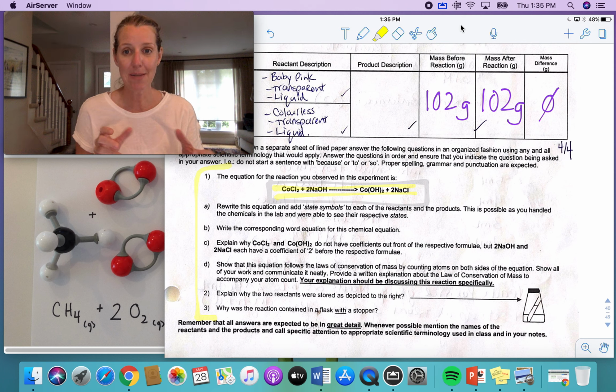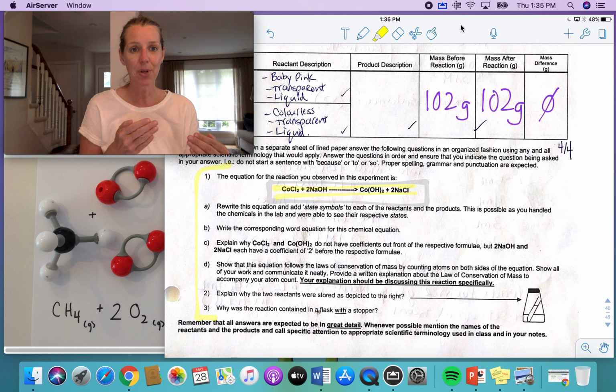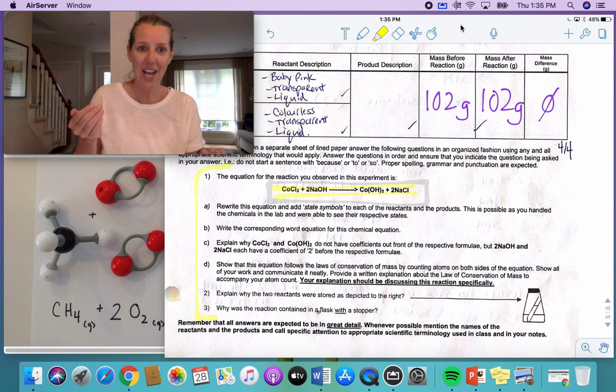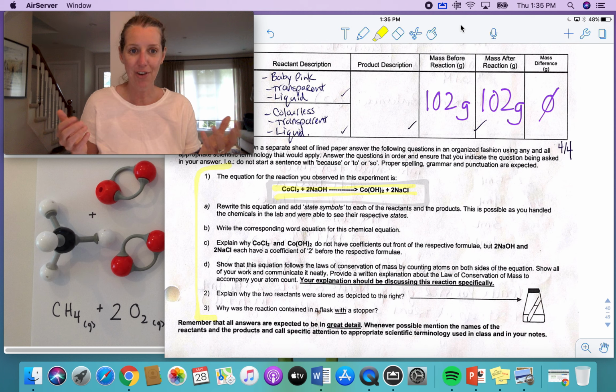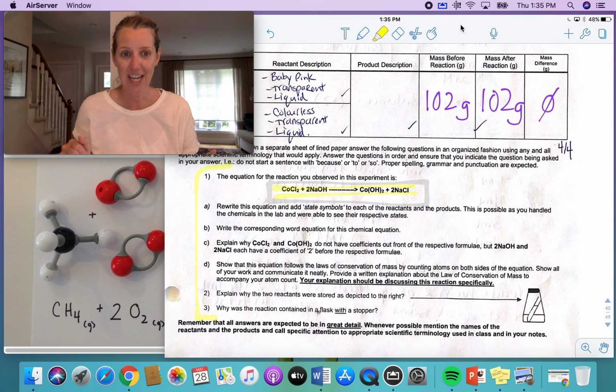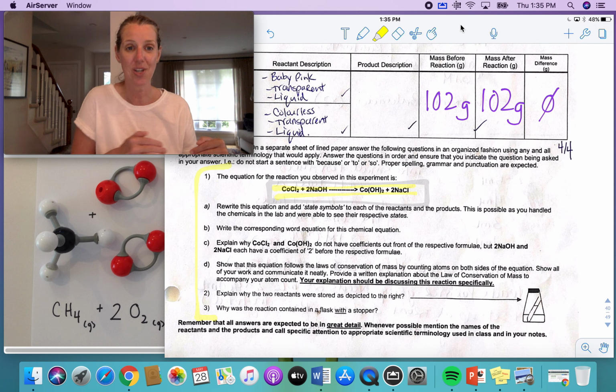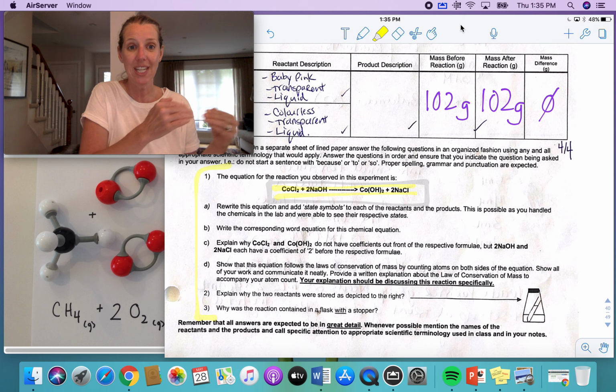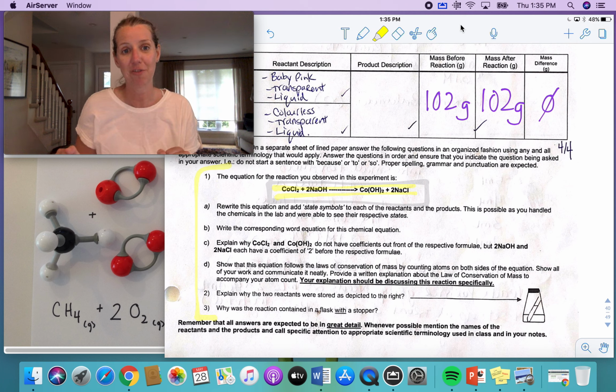We need to understand this law so that we can do chemical equations where we look very specifically at ratios of how much product you get and how much reactant you have. Let's say we've got a reaction where we need to make some fertilizer that has some nitrogen in it. As a chemist, you want to make sure you don't waste any of the reactant, so you need to know how much reactant you will need to make a particular amount of product.